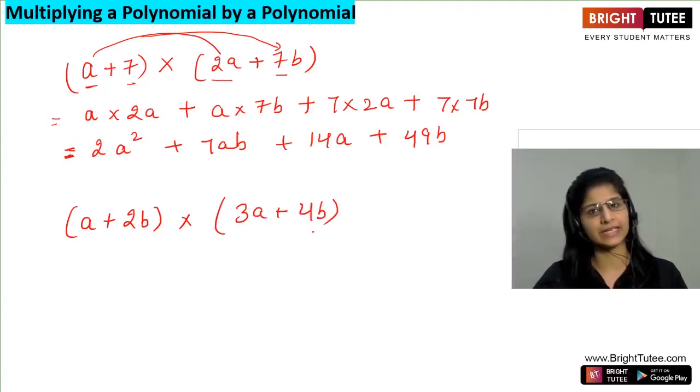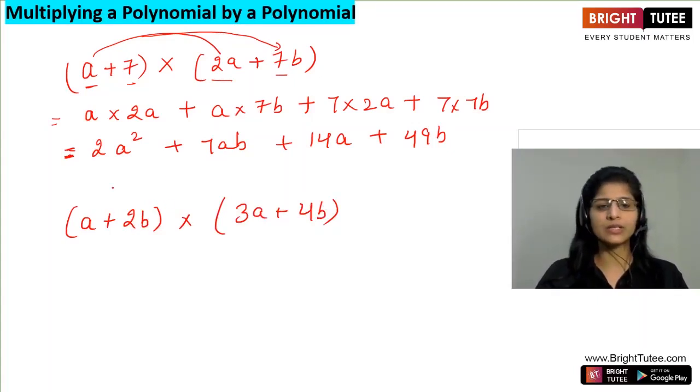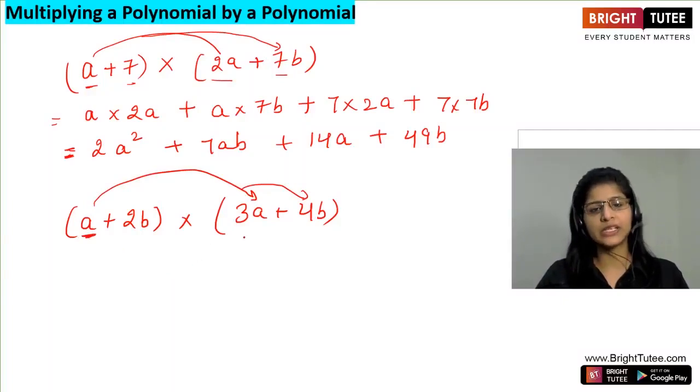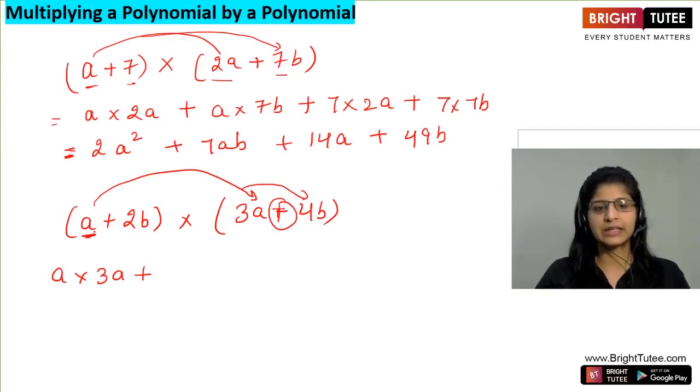Each term of the first polynomial will get multiplied with each term of the second polynomial. So a will get multiplied with 3a. The sign in between these two terms is plus, so we'll write plus. Then a gets multiplied with 4b, plus multiply 2b with 3a, plus 2b with 4b.